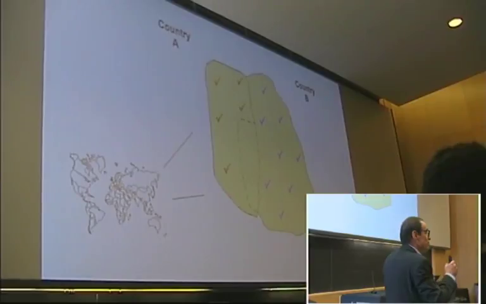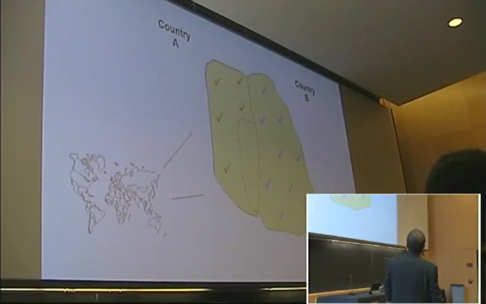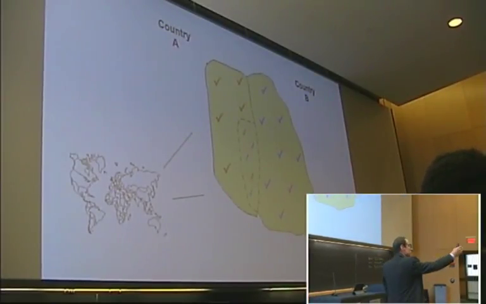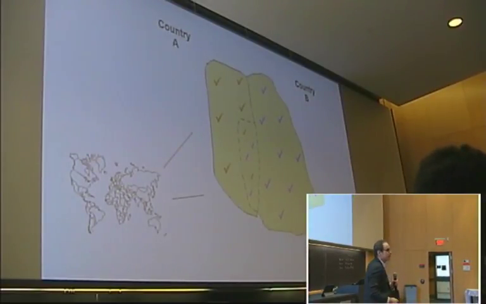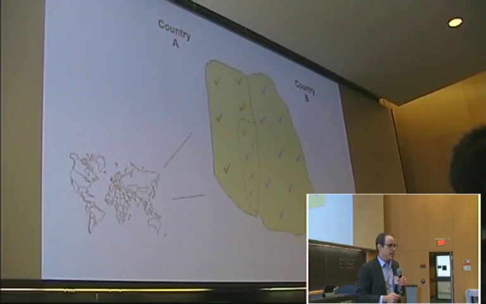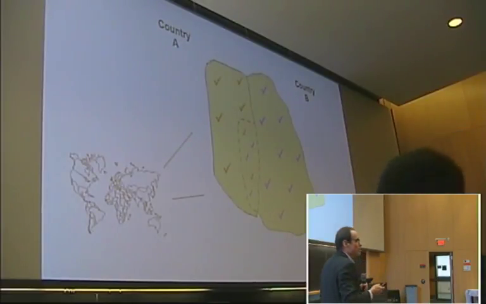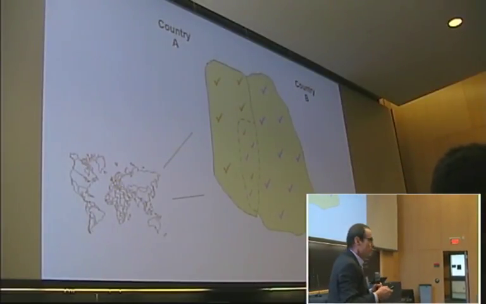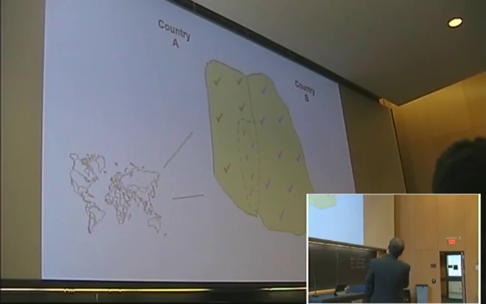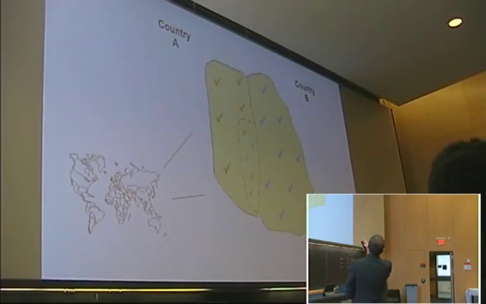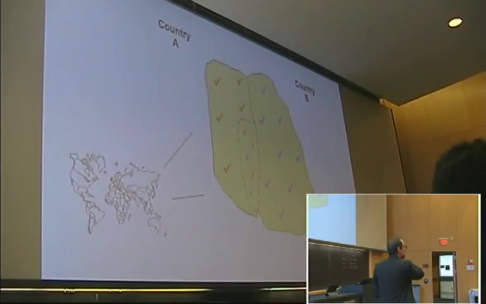Now we go back to the war, and as happens, the tides turn on country A. Now country B has invaded. And now the armed conflict, the military front has moved into country A. And country B, having withstood the terror that country A imposed upon them, now exacts its revenge.